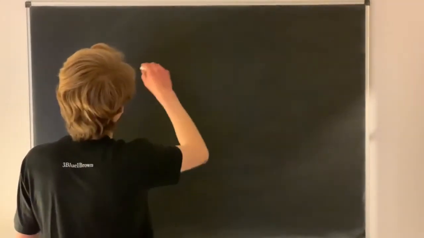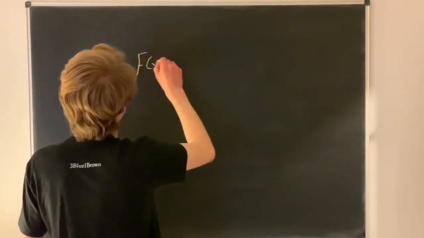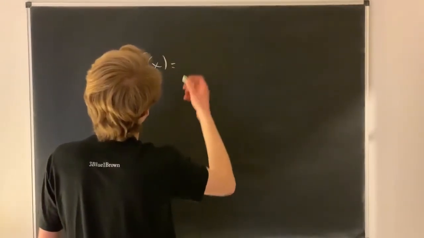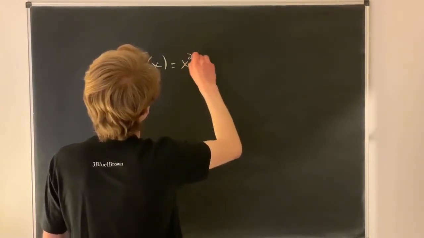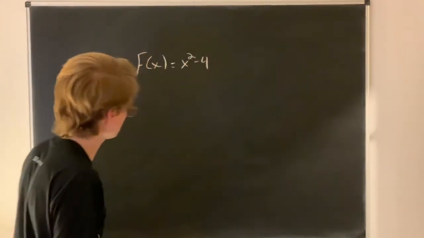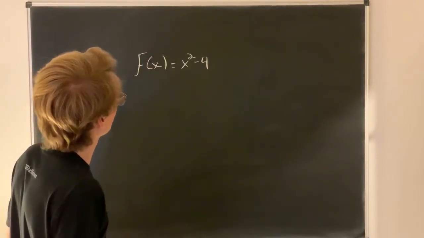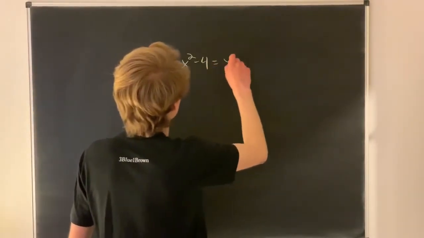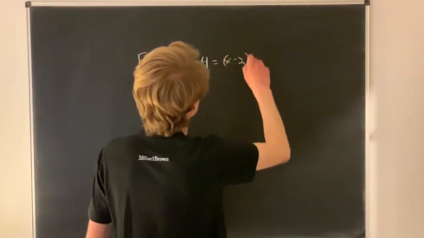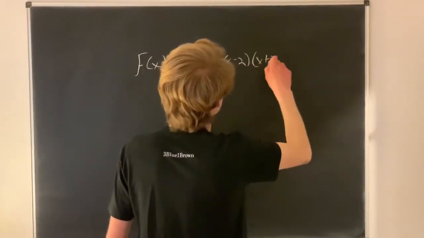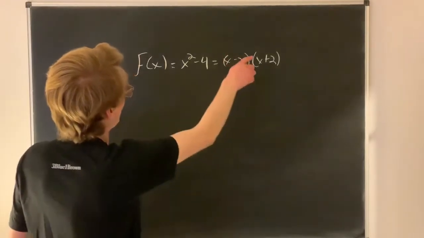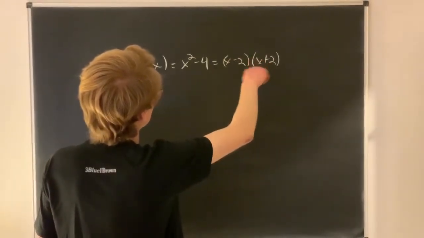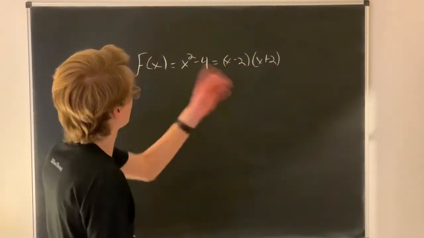So, first off, let's take a look at the function f of x equals x squared minus 4. Well, we know that this is simply the quantity x minus 2 times x plus 2, right? x squared plus 2x minus 2x minus 4.